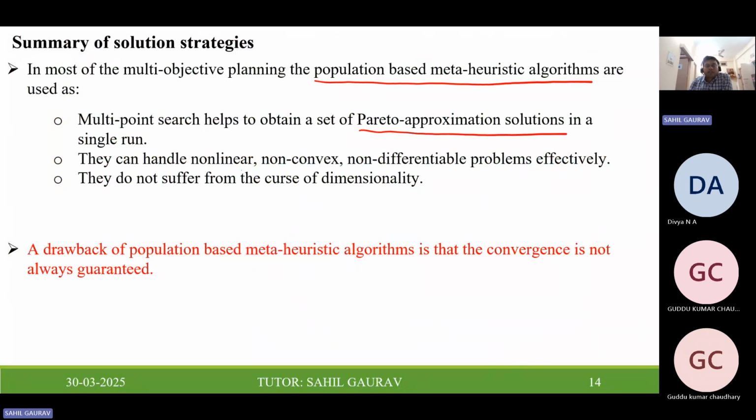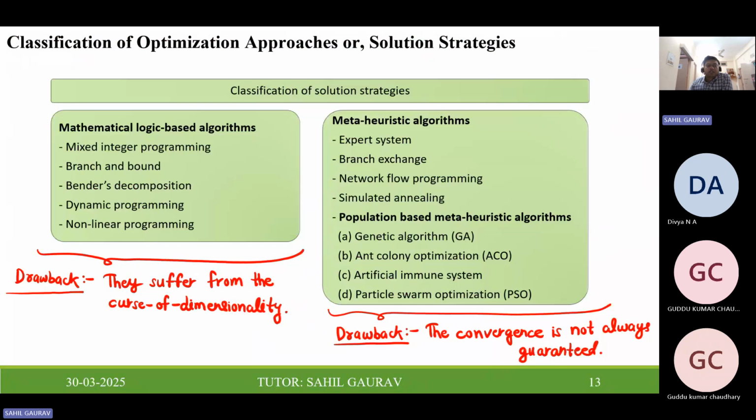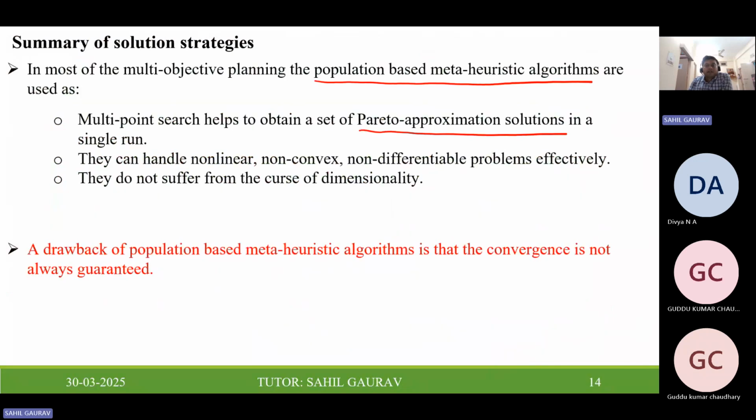Mathematical logic based algorithms suffer from the curse of dimensionality, which is a major drawback for optimization problems that contain many variables. The major drawback of population-based metaheuristic algorithms is that convergence is not always guaranteed.